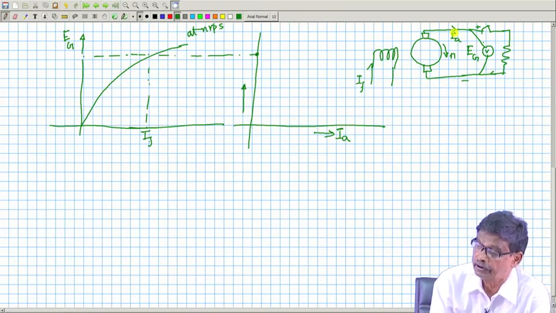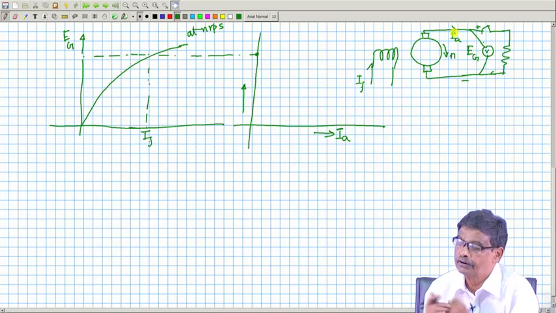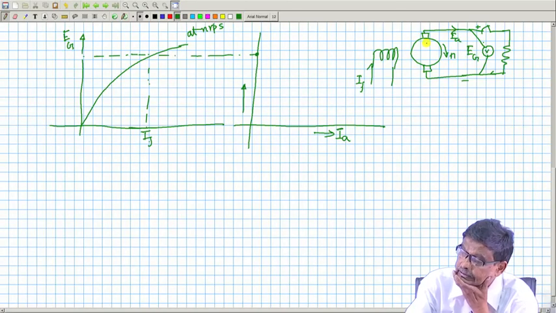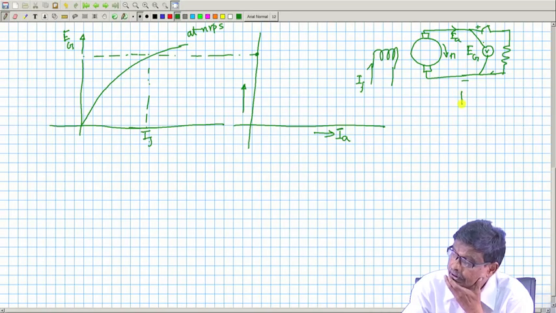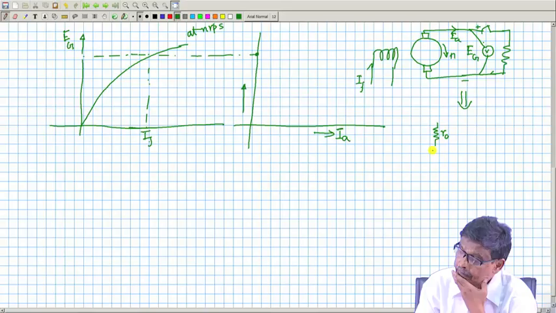This terminal voltage, what will happen? Will it be increasing or decreasing or remain the same? It is expected it will decrease, because the armature has got a resistance. So, what is the equivalent circuit? Here the equivalent circuit is the armature. This resistance is very small, made of copper. Okay.